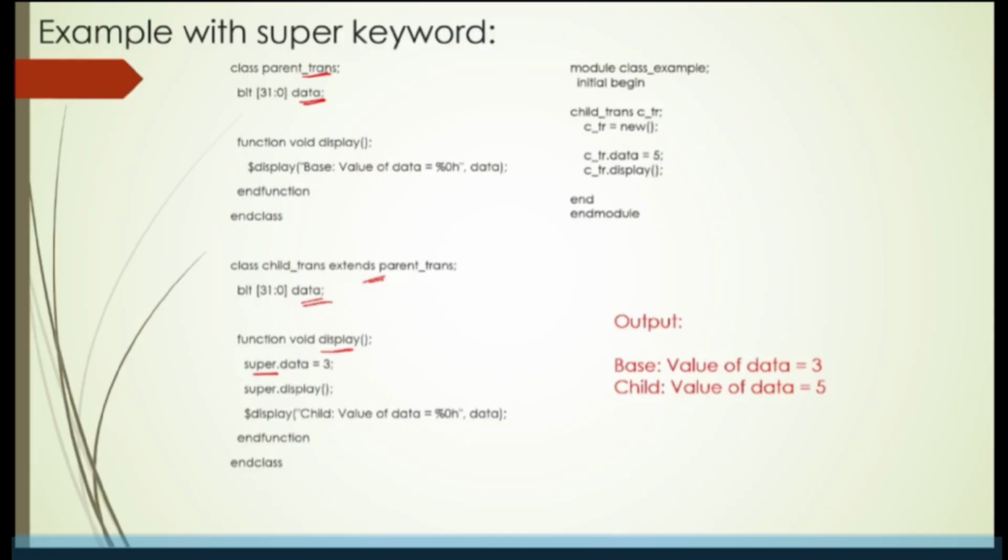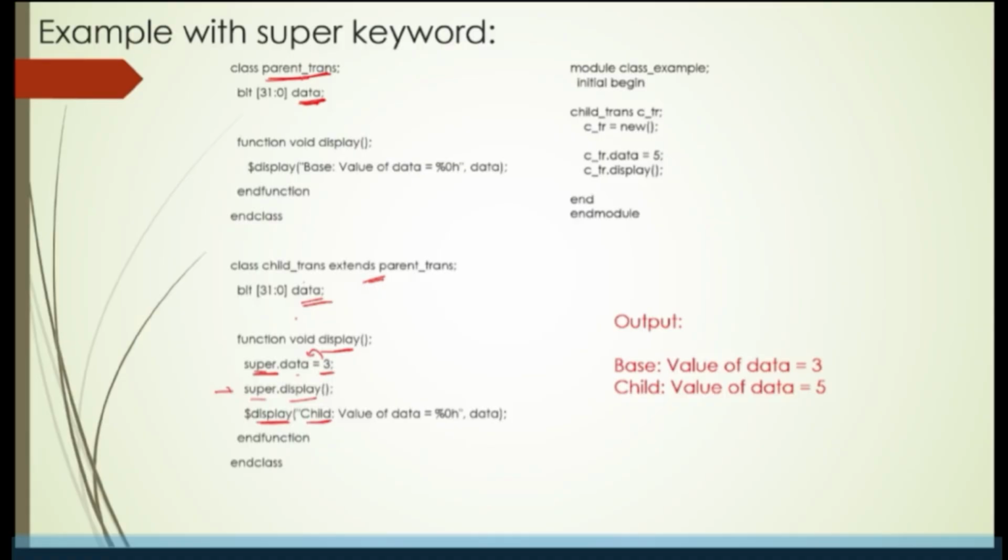So this child class is derived from this parent class, and super refers to the data within this parent class. I am assigning the value as 3 to super dot data and then calling the super dot display function.